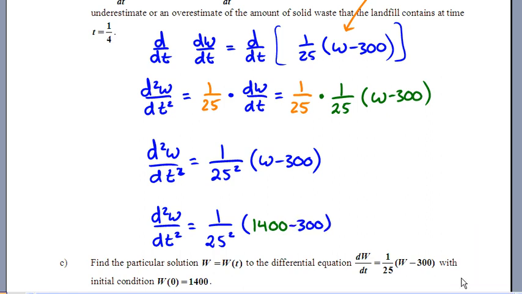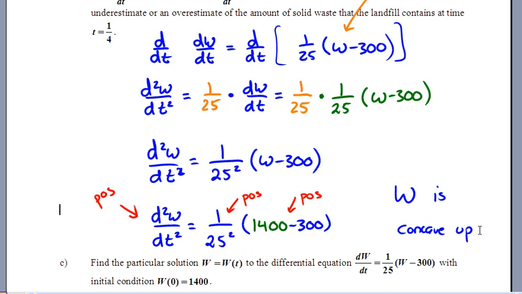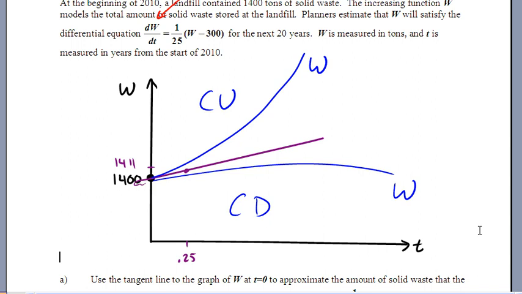Okay, it's looking to me like we've got nothing but positive numbers here everywhere. This is positive. That tells me that this answer for the second derivative is positive. Hey, our graph, W, that graph is concave up. So looking back at the picture, oh yeah, it's that upper picture.